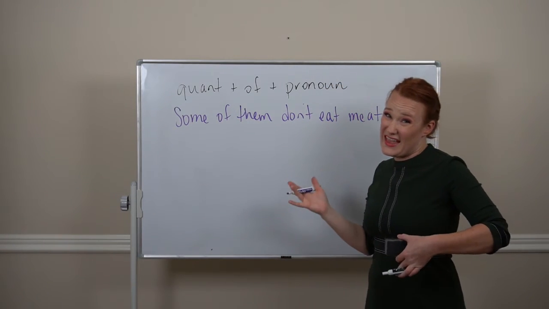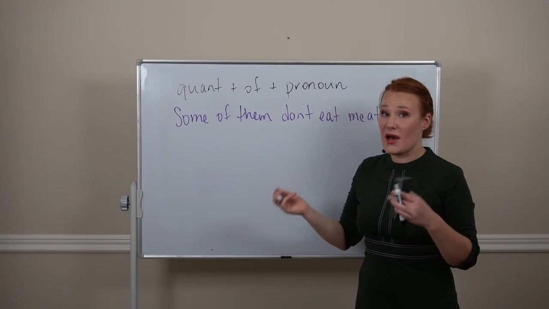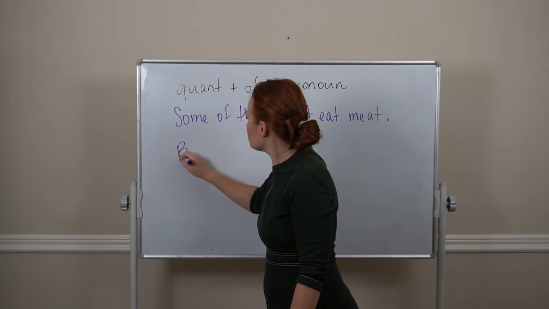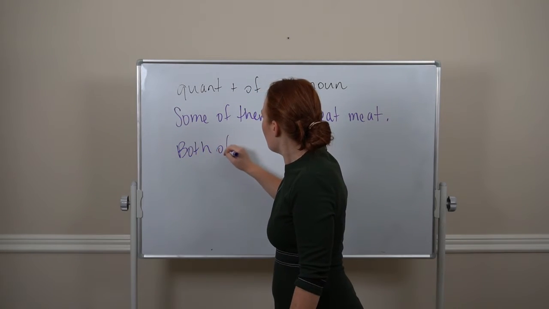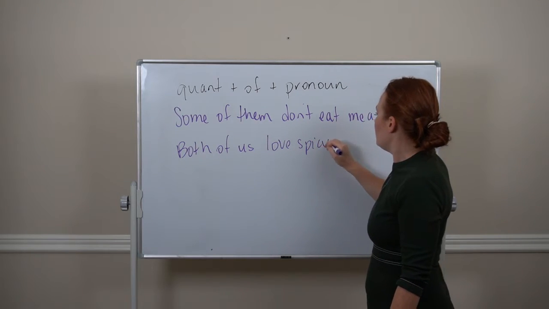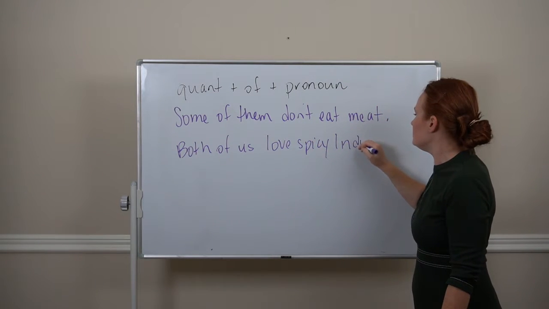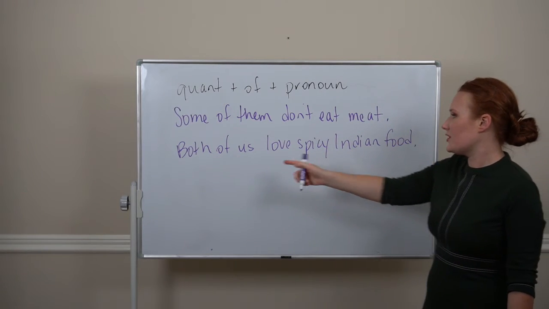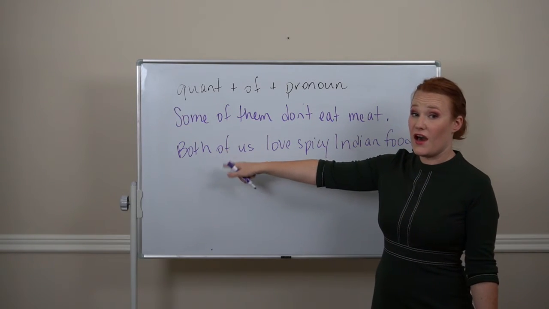Not just some them, it has to be of. Some of them don't eat meat. Or both of us love spicy Indian food. Us is our object pronoun. We gotta use of, both of us.